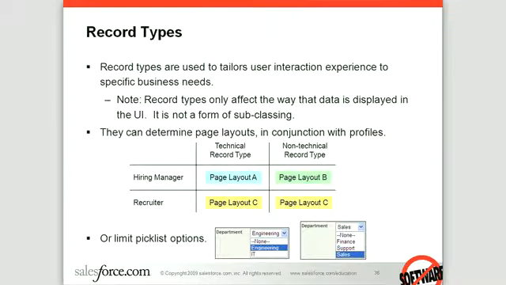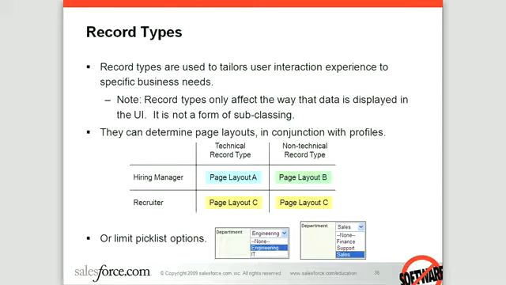let's take a look at what this does. So like I said, we're going to be able to, by looking at the record and identifying, is this a technical or a non-technical position? Let's now display this particular page layout. In addition, the second thing is we can dynamically limit the available options in pick lists based on the record type.